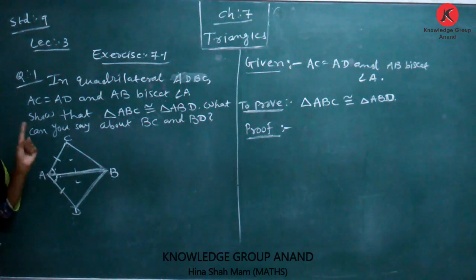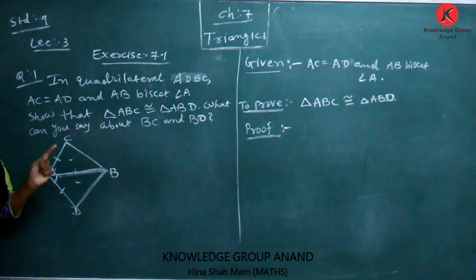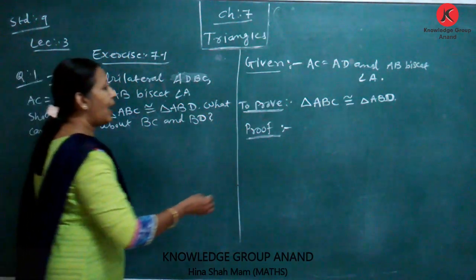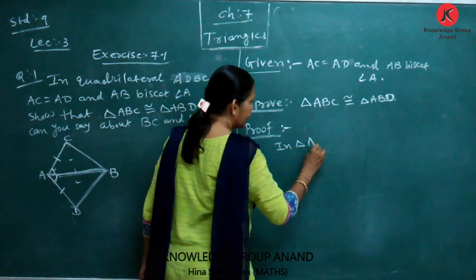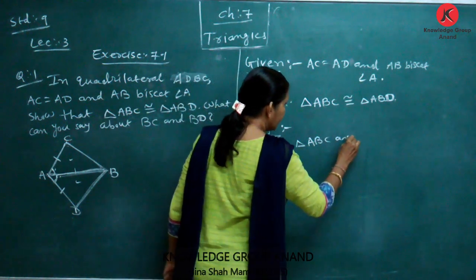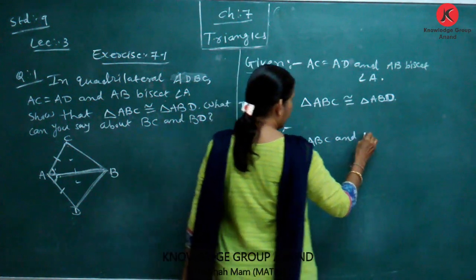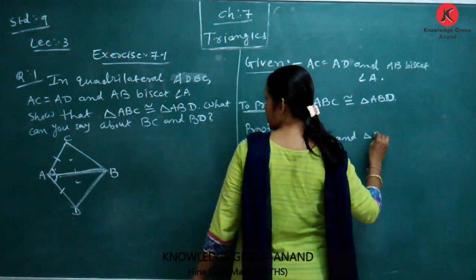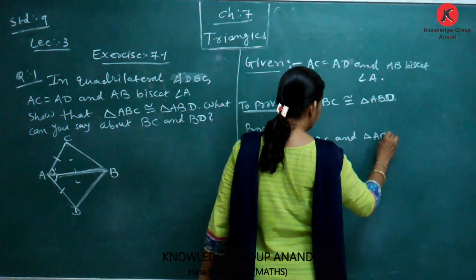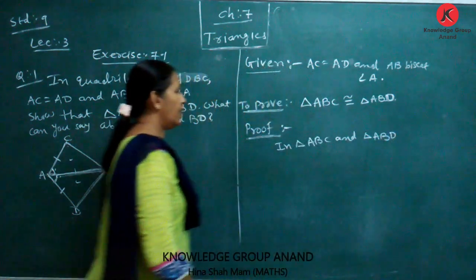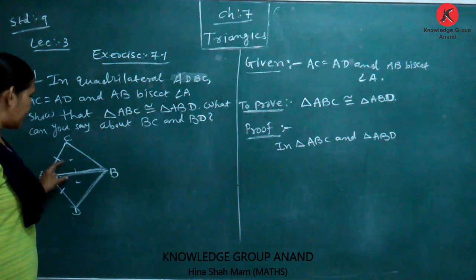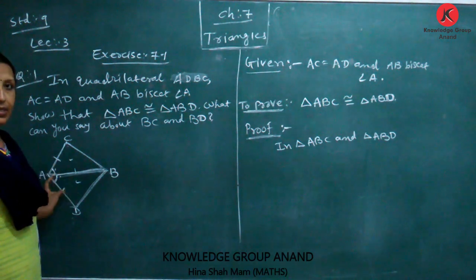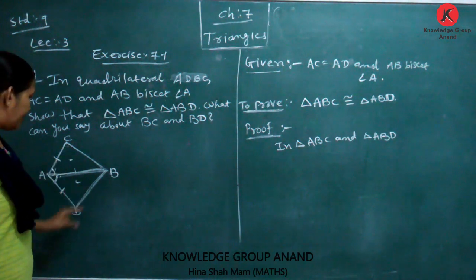By CPCT. Now we write the proof here. In triangle ABC and triangle ABD, we see two triangles in the figure.